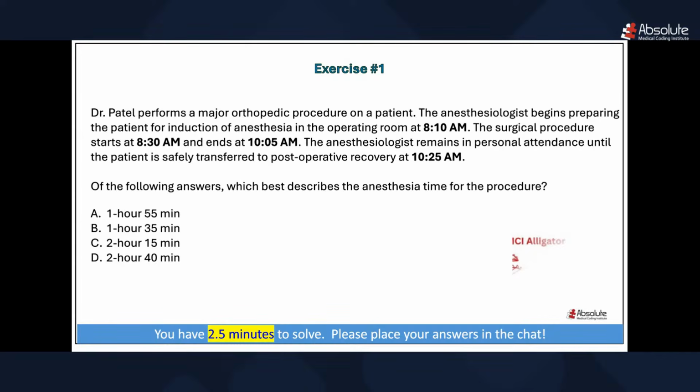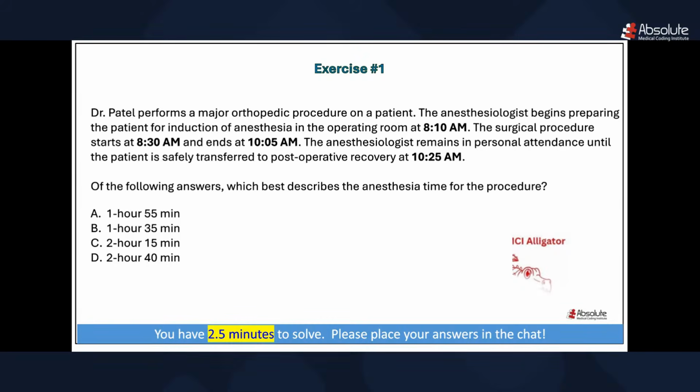The anesthesiologist begins preparing the patient for induction of anesthesia in the operating room at 8:10 a.m., and the surgical procedure starts at 8:30 a.m. and ends at 10:05 a.m. The anesthesiologist remains in personal attendance until the patient is safely transferred to post-operative recovery at 10:25 a.m.